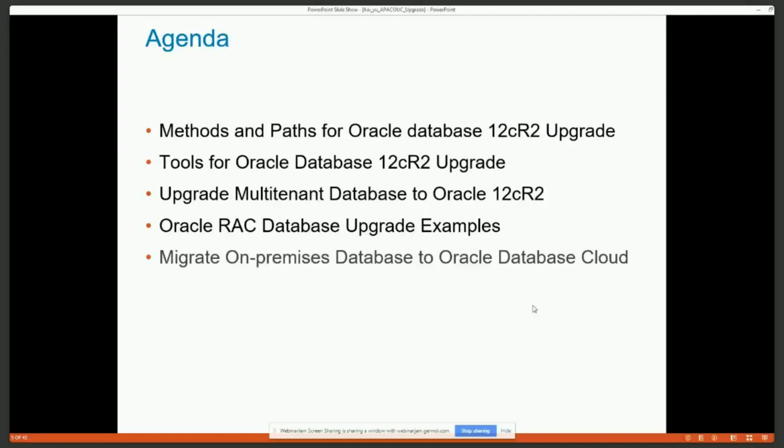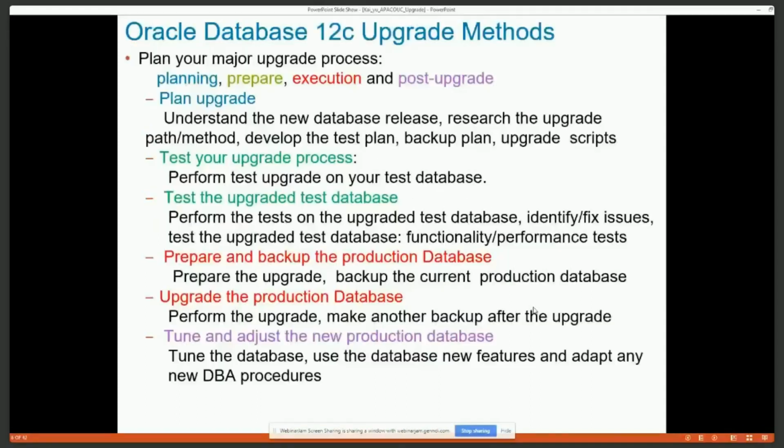So let's get into the first bullet. If you have a database, which is 10g or 11g or 12c, most likely you have a production database. Of course, usually a development database is relatively easy to upgrade.